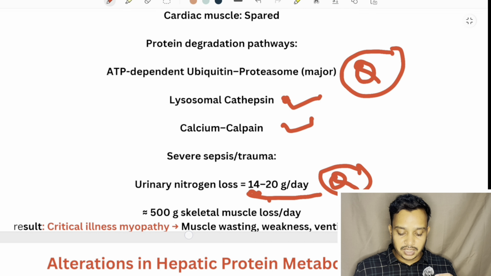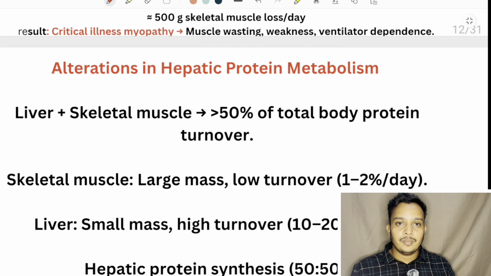It is characterized by muscle wasting, weakness, and ventilatory dependence. There are also alterations in hepatic protein metabolism. Remember, most of the protein in the body is derived either from the liver or from skeletal muscle protein.